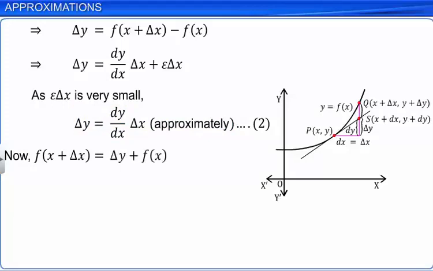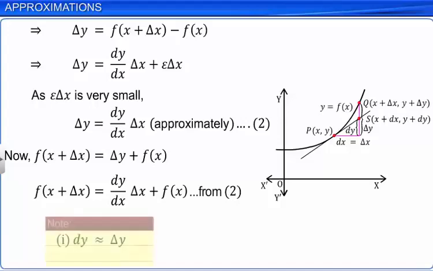The approximate value of the function is equal to the sum of the approximate increment value in the function f of x. The differential of the dependent variable, that is dy, is approximately equal to its increment, that is delta y. The differential of the independent variable, that is dx, is equal to its small increment, that is delta x.